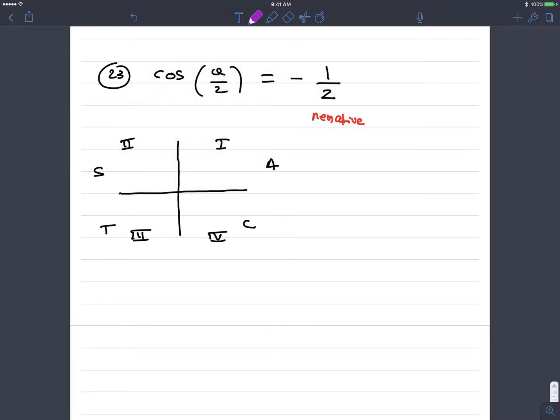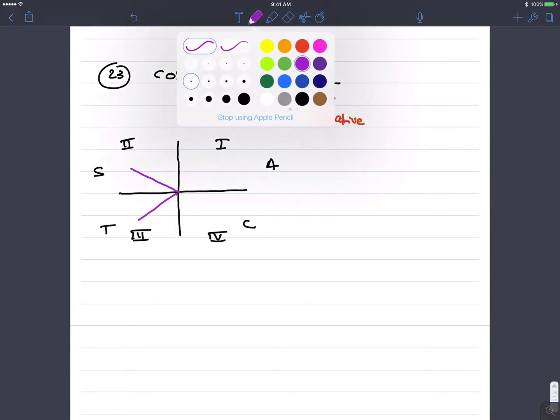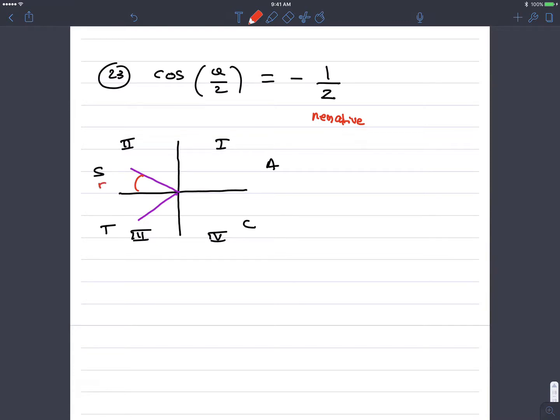Where's cosine negative? 2 and what? 4. Is that true? Quadrant 2, quadrant 4. So we need over here a what? We need our reference angle. Same angle here. So cosine is negative in these two quadrants.